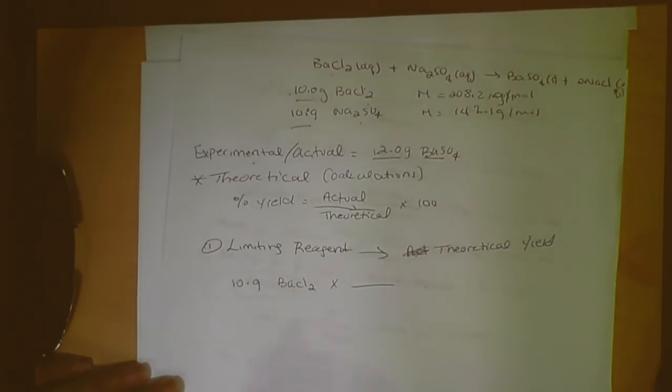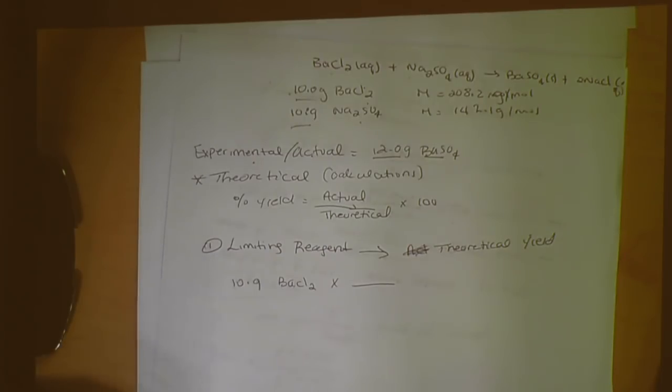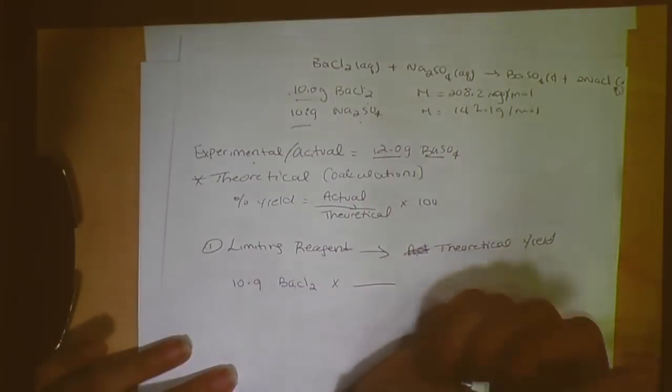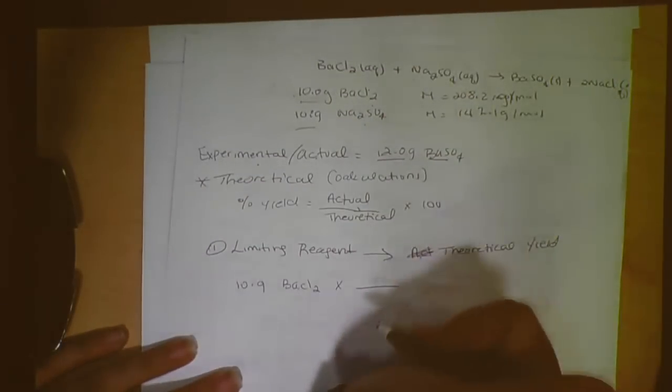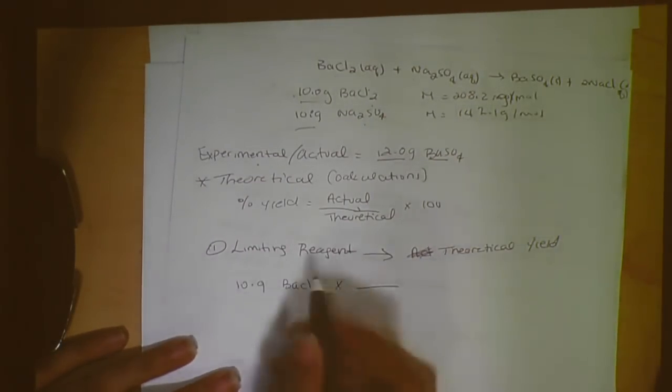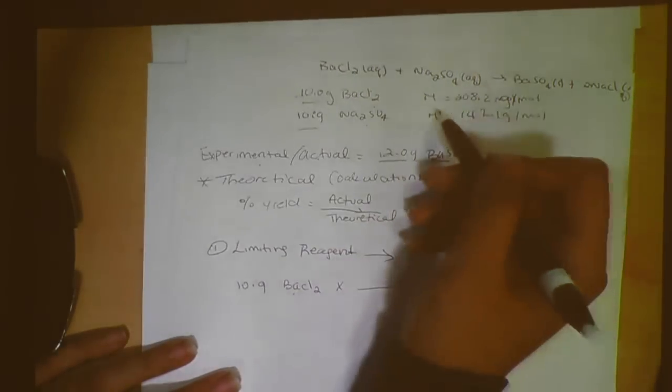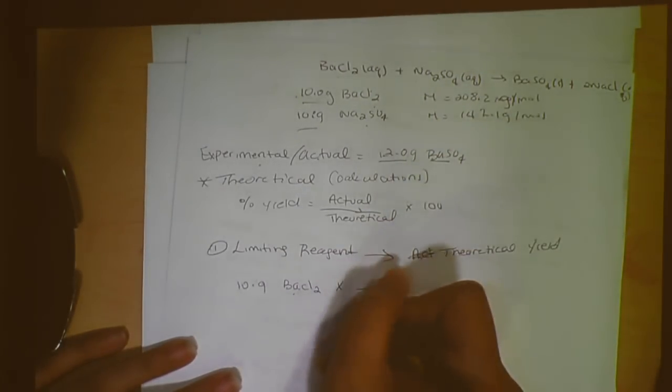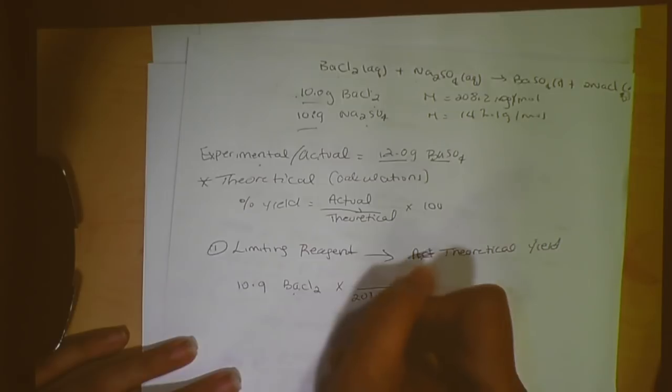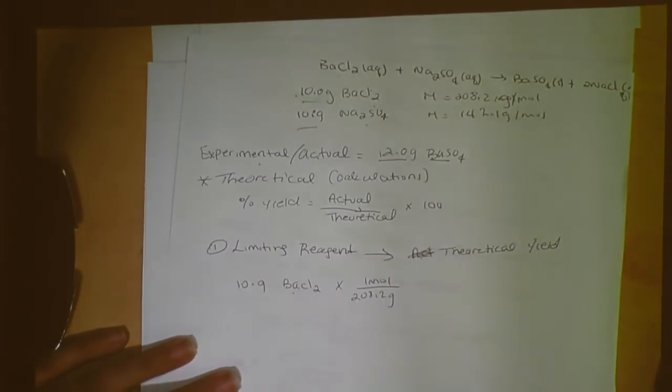So 10 grams BaCl2. You want to figure out how many moles of BaSO4 you can make, or how many grams. Either is fine, but I would do moles in the beginning, just so we can compare. So 10 grams BaCl2, and they give you the molar mass, nice of them: 208.2 grams per 1 mole.